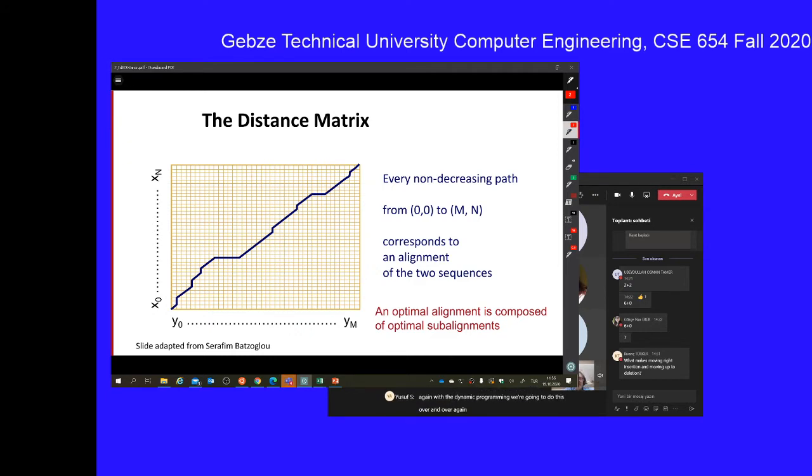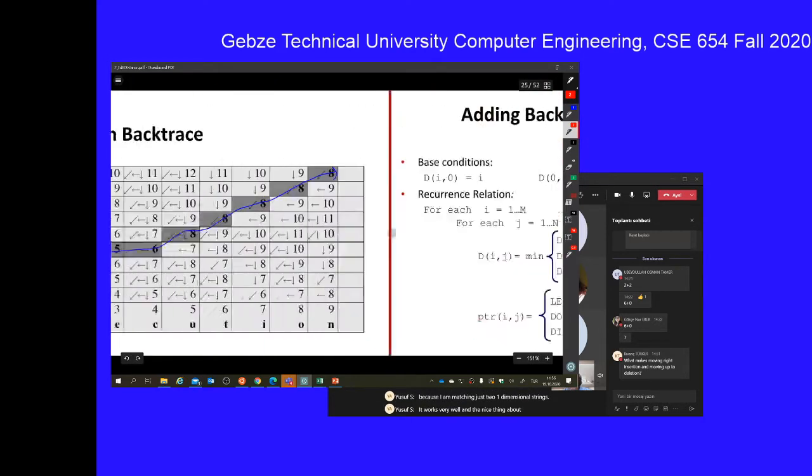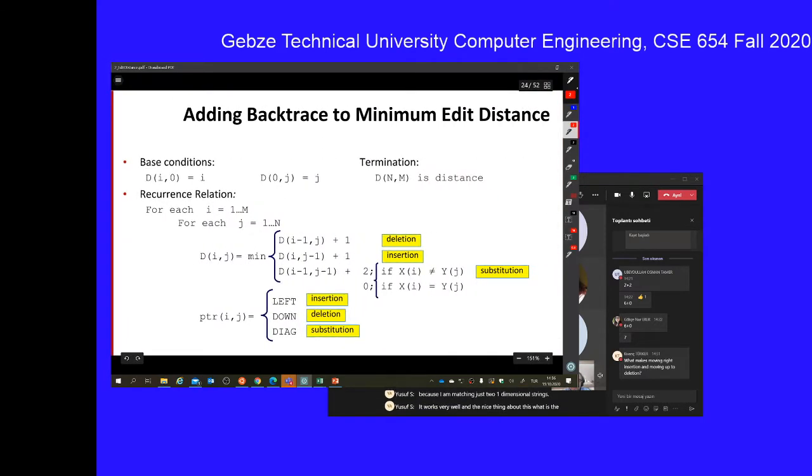It works very well with one-dimensional problems. This is a one-dimensional problem because I am matching just two one-dimensional strings. And the nice thing is, what is the running time of this algorithm in terms of big O notation?